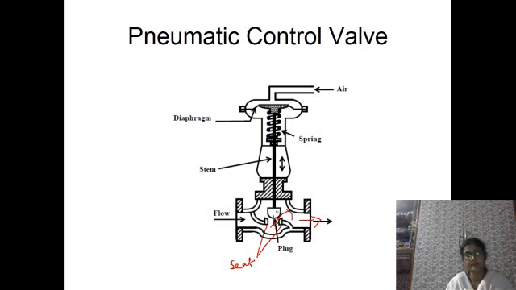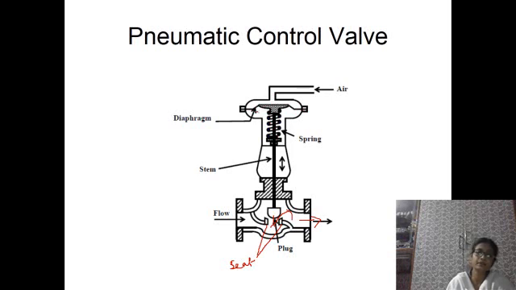Then when this plug gets fitted to the seat area, then it restricts the fluid flow through this path. When will it happen? If the air pressure, this is the diaphragm, see, this is the diaphragm as labeled, and this is separating the upper portion from the lower one.